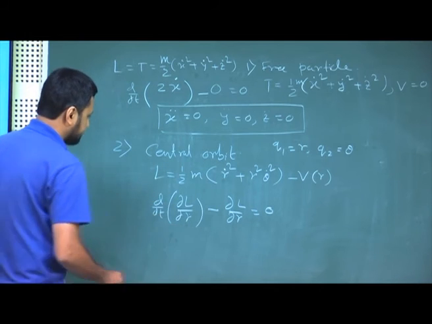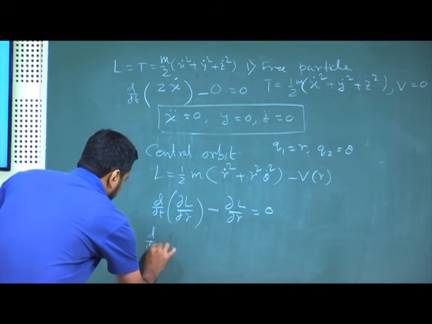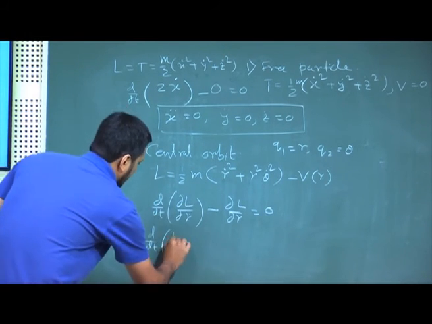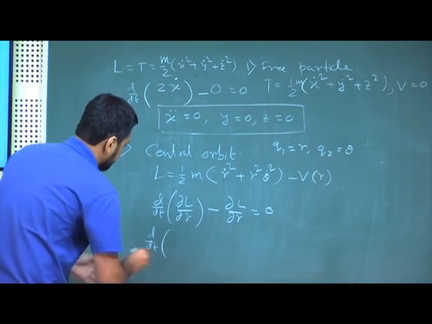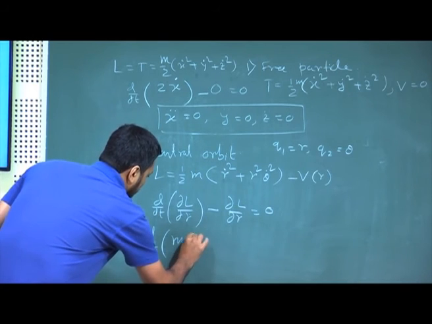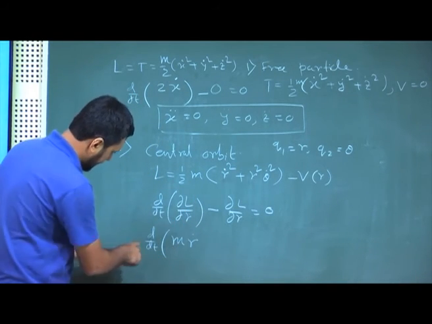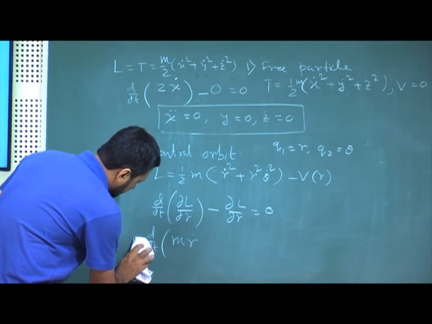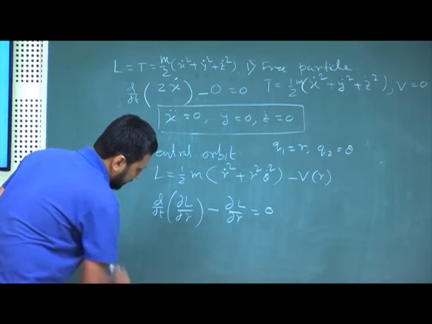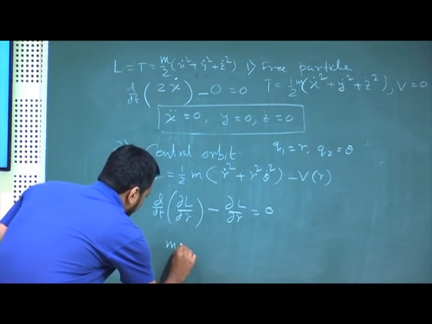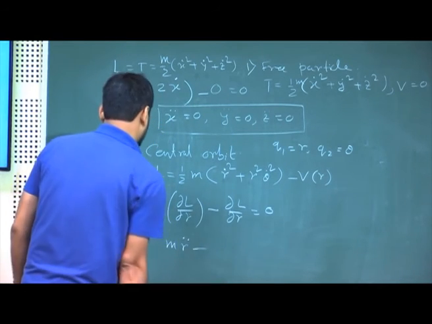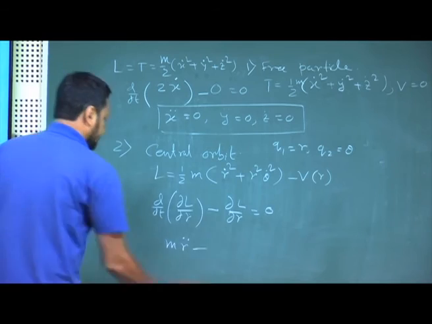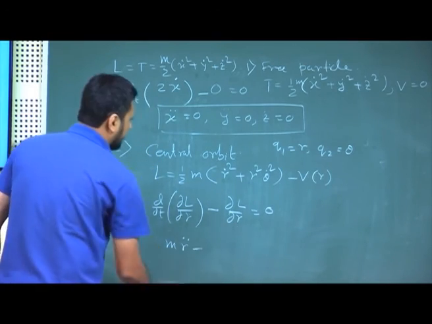So, the first term will give you d/dt of half, so half will cancel out, it will be m r dot. I can already perform the second derivative operation, so I can write directly m r double dot, no point wasting a step for that, minus del L del r.